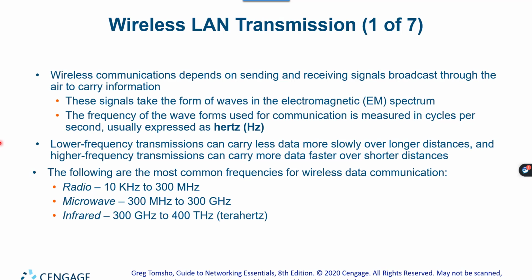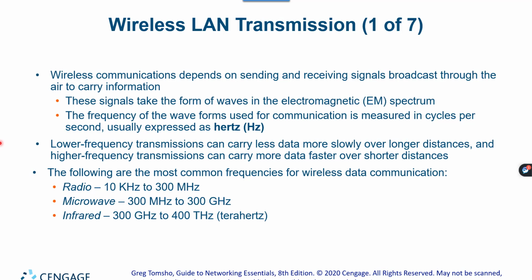Wireless communication depends on sending and receiving wireless signals broadcast through the air. So the signals that we're going to use are electromagnetic signals. Remember, it's going to take the form of a wave, and we're going to talk about the characteristic of the wave in hertz, or cycles per second.